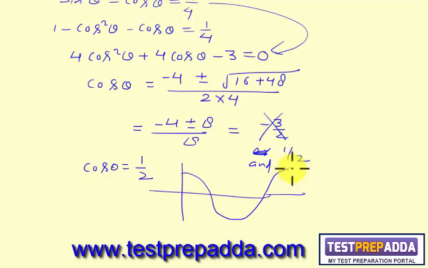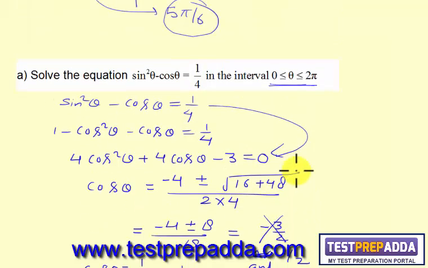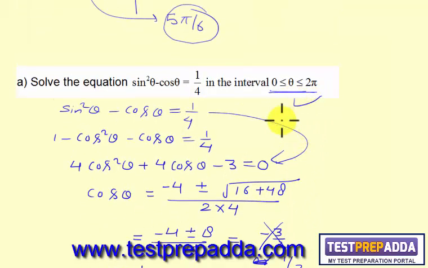Cos theta is equal to 1 by 2. This is 0, this is 2 pi, this is pi by 2, this is 3 pi by 2, and this is pi. Now cos theta is half. It will be at this point and at this point, between 0 to 2 pi. The interval is given as 0 to 2 pi.